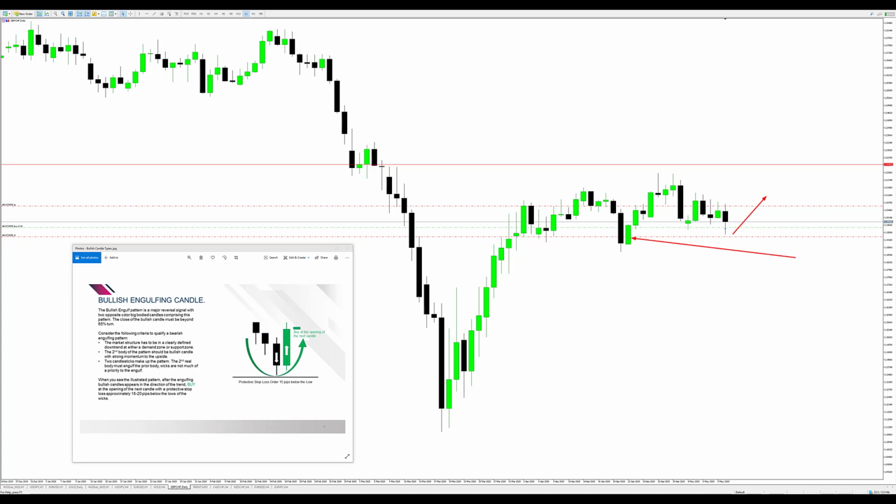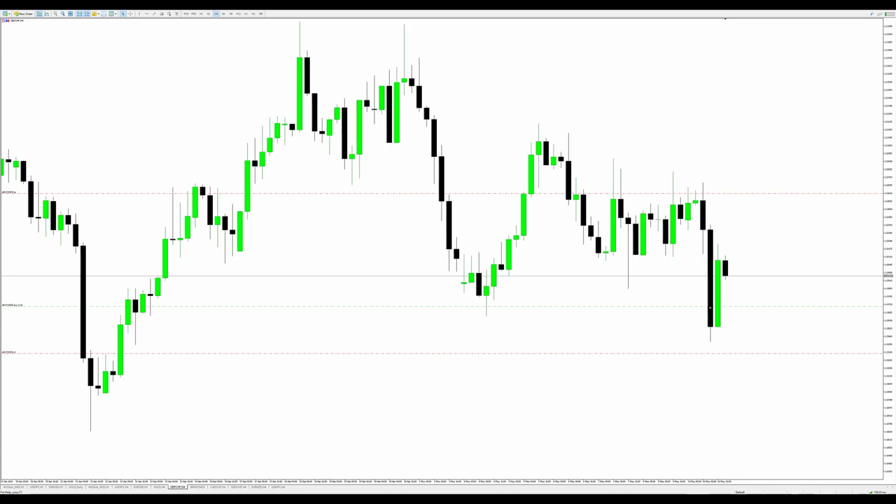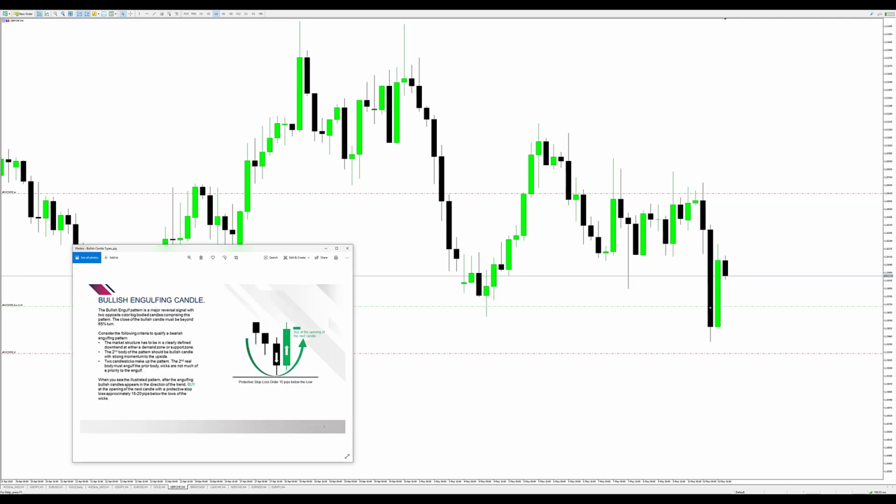So when I was reading the market structure of British pound against Swiss franc, already when I saw that okay, we are testing a demand zone, I dropped down to lower time frames, right? The moment I drop down to a lower time frame, then you're gonna see exactly what we are talking about.